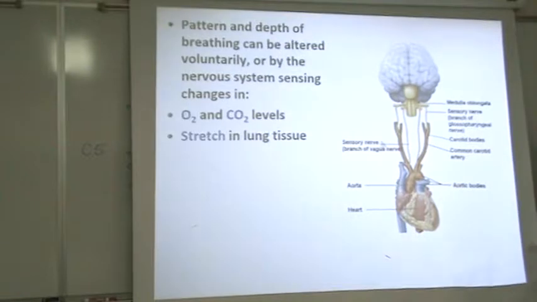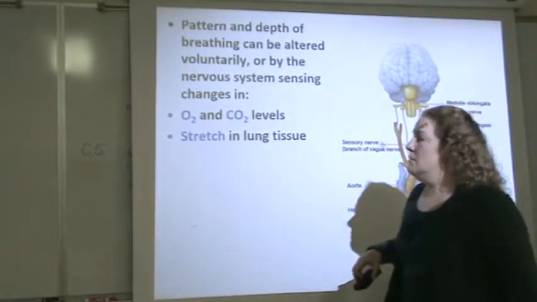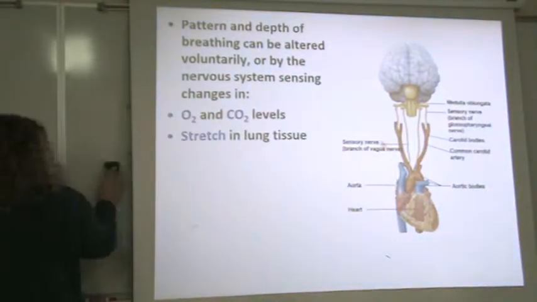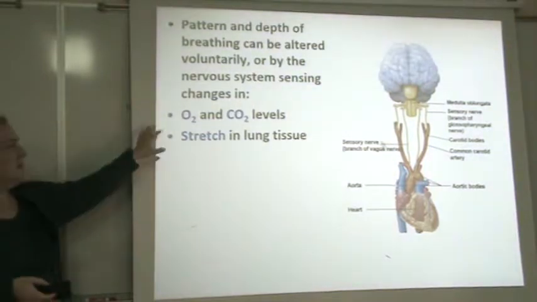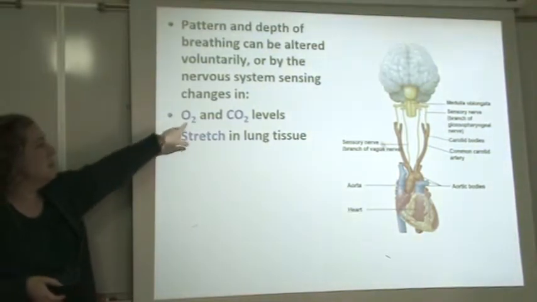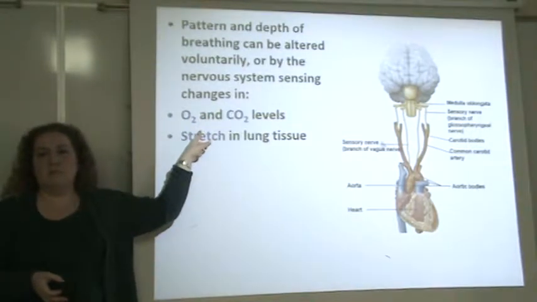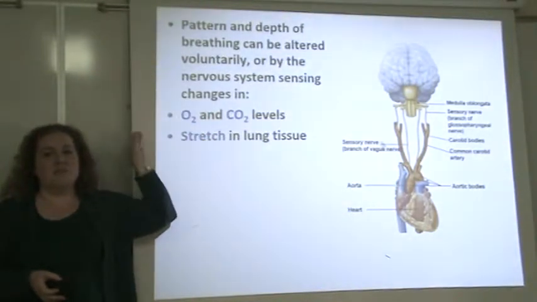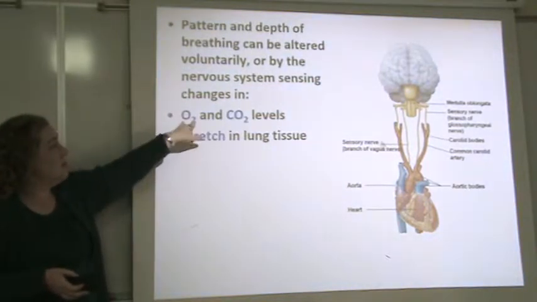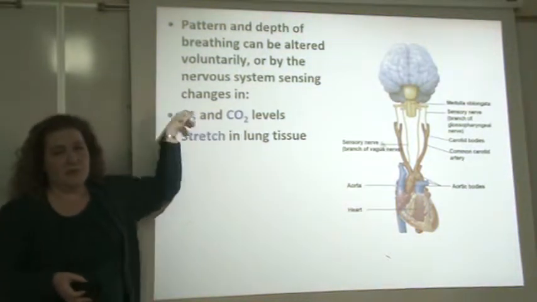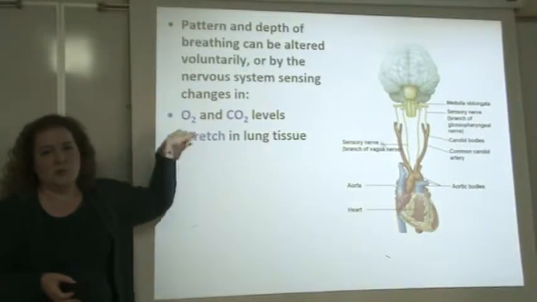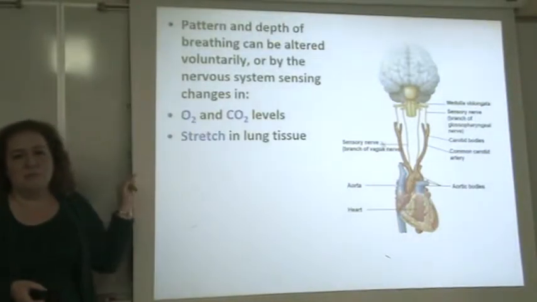So you have ways of sensing, unconsciously, what is my blood oxygen and what is my blood CO2. Your brain has sensors that tell you that, even though you're not aware of it. So if your oxygen and CO2 levels are not correct, your brain will adjust your breathing to help you deal with that.